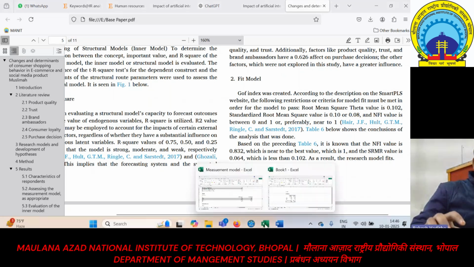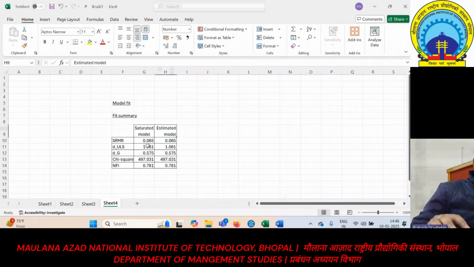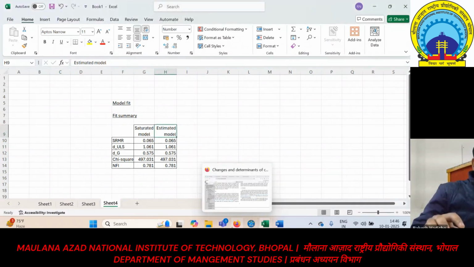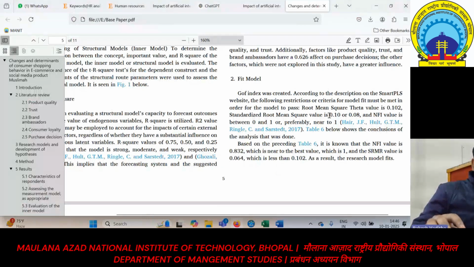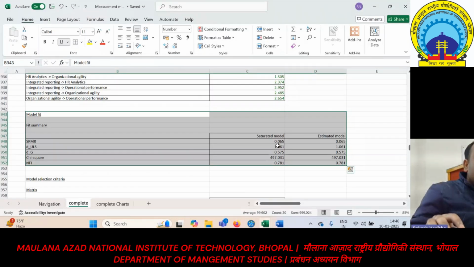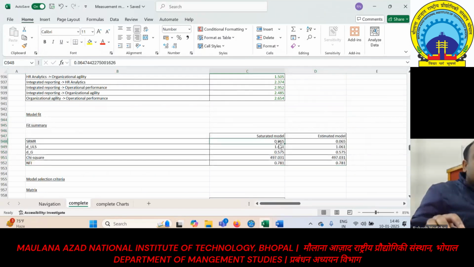In our study, we got 0.065, which is below 0.08. Our proposed model is fit for our study.